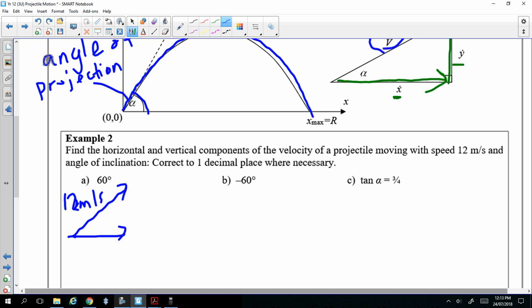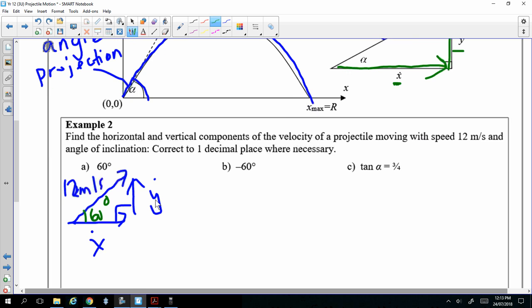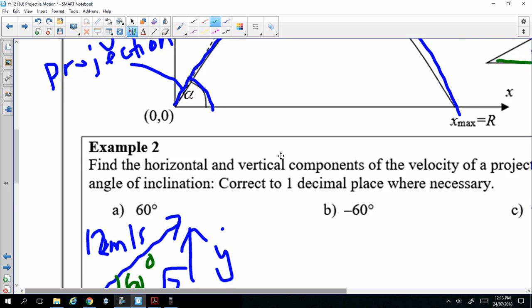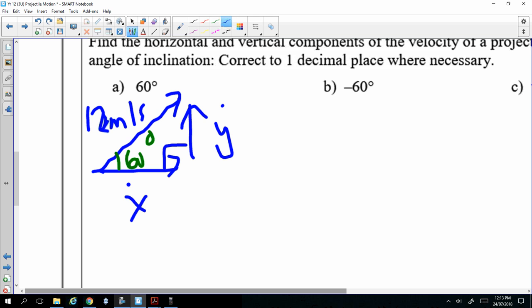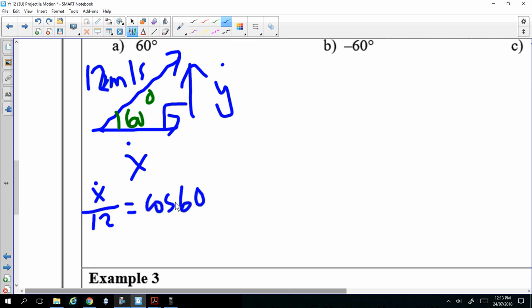To answer this question, you just have to use trigonometry because the angle is 60 degrees. So you can work out the opposite and the adjacent side of the right angle triangle. You could just go x dot over 12 equals cos 60. Then x dot equals 12 cos 60, and you know cos 60 is half, so it's 6 meters per second.